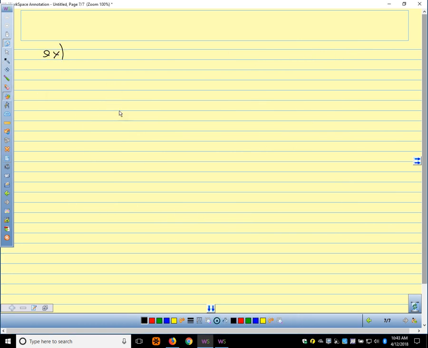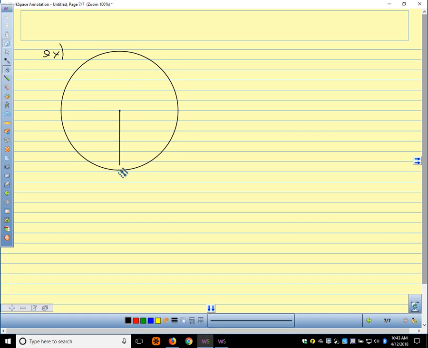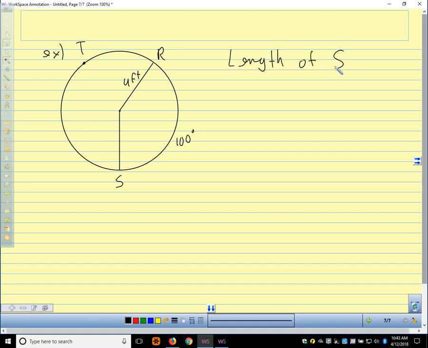Here's my picture. My radius is going to be 4 feet, and this arc is going to be 100 degrees. And I'm going to put a point over here, T. We want to know the length of arc STR.